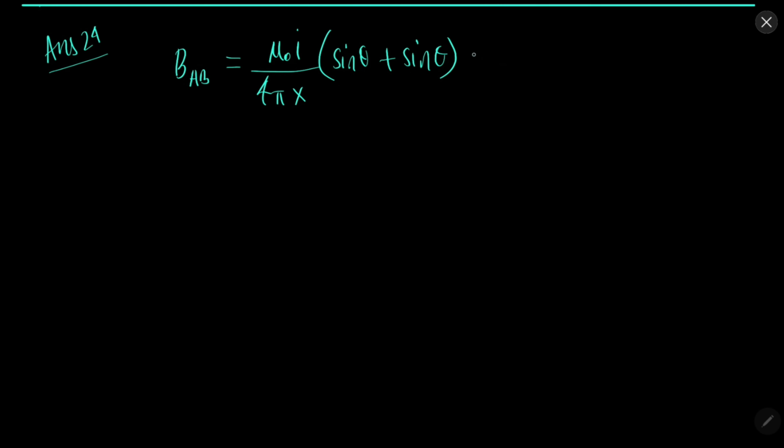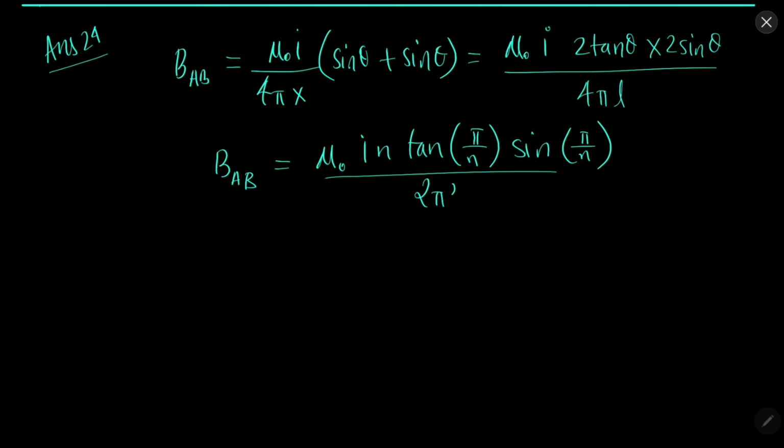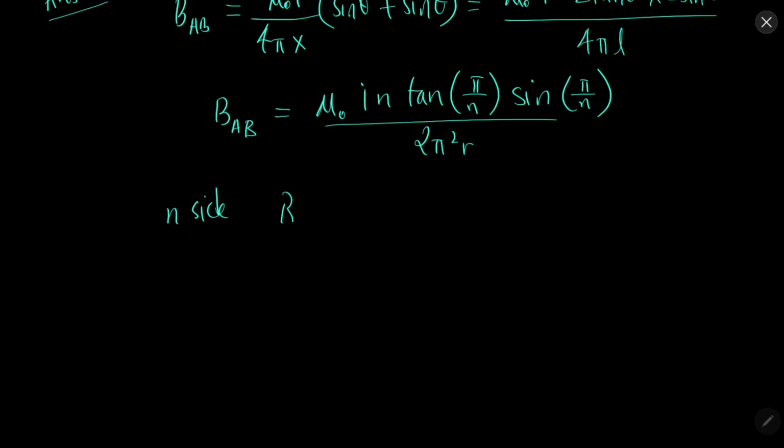Solution 24: BAB is mu naught I over 4 pi x into sin theta plus sin theta, which is mu naught I 2 tan theta 2 sin theta over 4 pi L. So it will come out to be mu naught I tan pi by n sin pi by n over 2 pi square r. The net field will be this much.